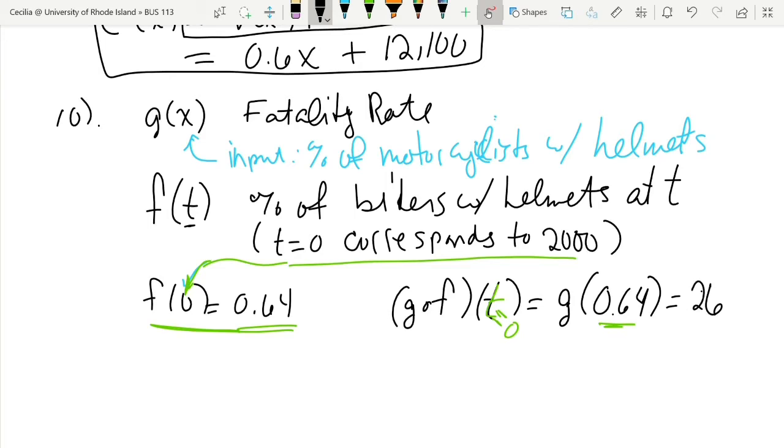Okay, so the way we would interpret this is we would say in the year 2000, there is a total of 26, and what's our output from G? Let's go back and read that. It said that it was the output on G. What does G give us? It gives us the fatality rate, or the deaths per 100 million miles traveled.